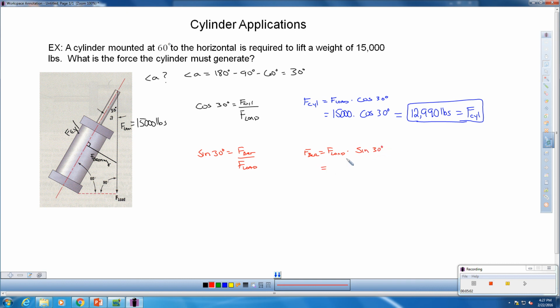Our force load hasn't changed; it is still 15,000 pounds times sine of 30 degrees. Once again, make sure your calculator's in degree mode. We roughly get 7,500 pounds, which is our bearing force.